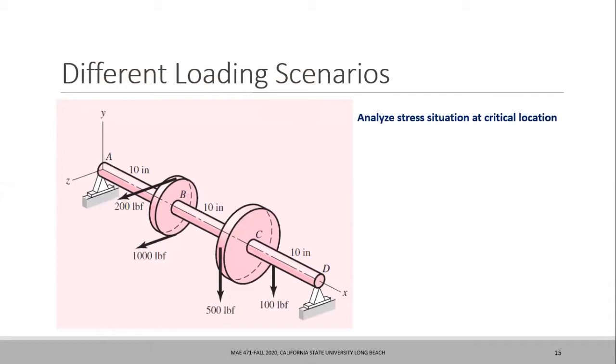It shows a transmission shaft with two pulleys, one smaller and one bigger. The smaller pulley gets the drive from a motor or some other source of power using belts going from the top to the bottom.